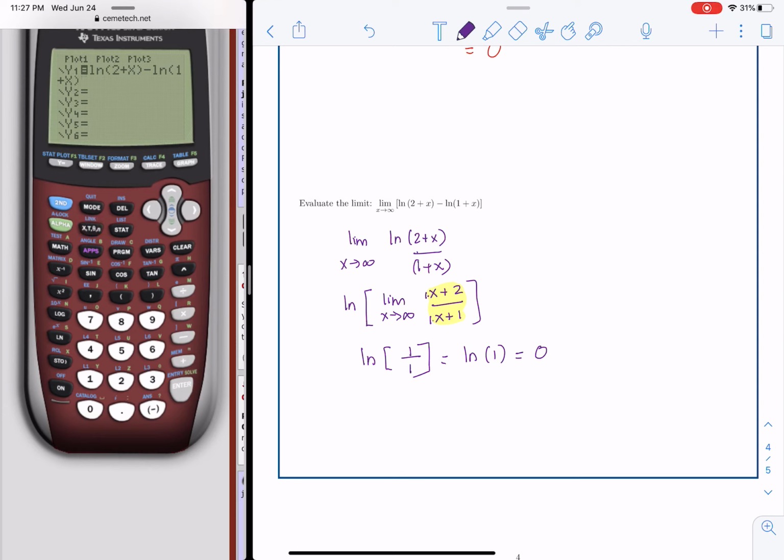Let's check our window. We can't have a negative number, and let's put between 0 and 10.